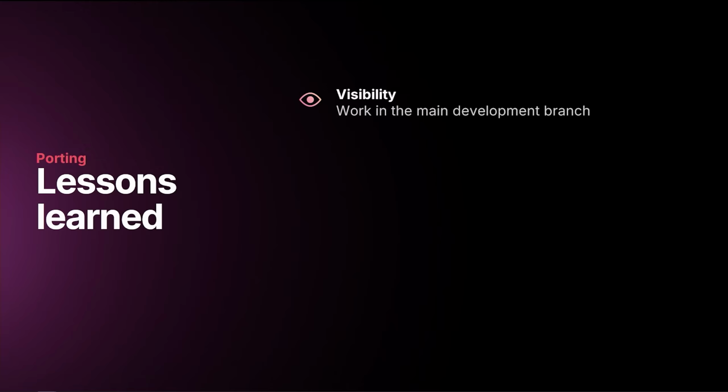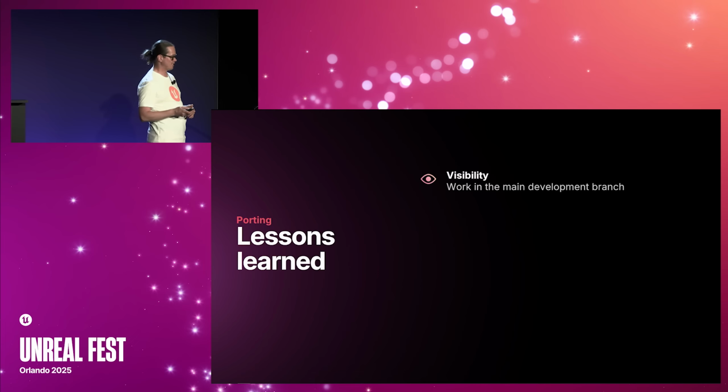So if you don't have your code alongside in the main branch, people can break your porting efforts. And you should also compile with your code enabled. We had a define everywhere to be able not to impact the Fortnite executable size until it was ready to ship. You don't need to do that.